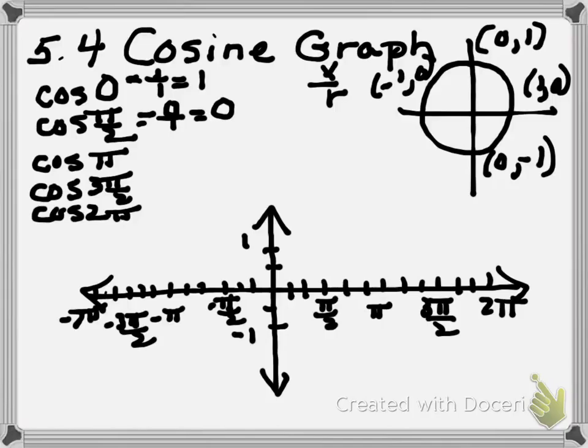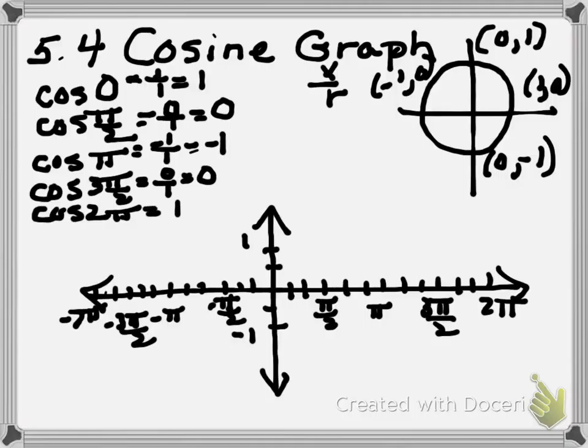Cosine of pi, x over r, negative 1 over 1 is negative 1. Cosine of 3 pi over 2 is x over r again, 0 over 1 is 0. And 2 pi is the same as 0, which is equal to 1.